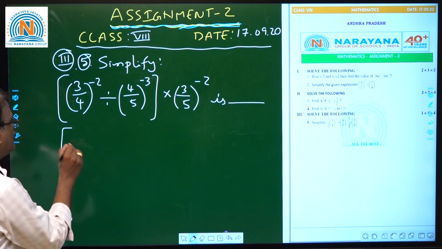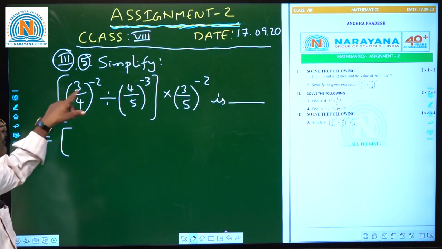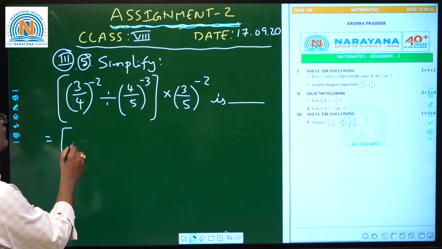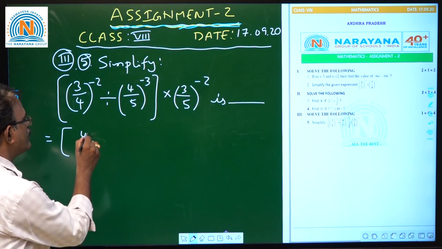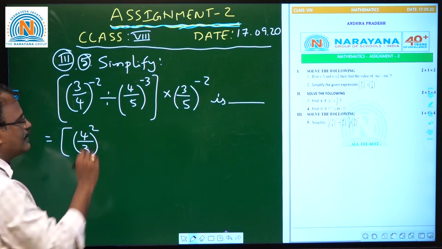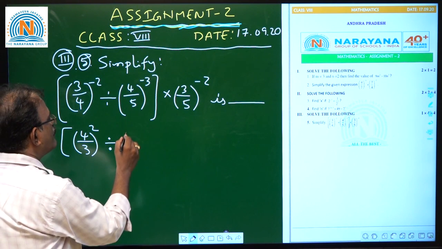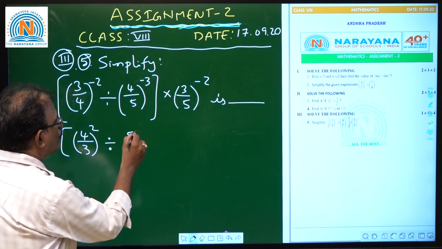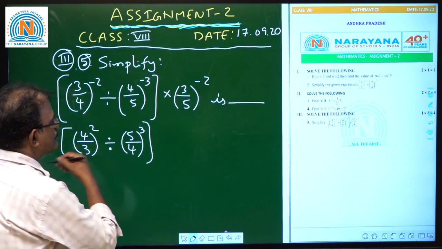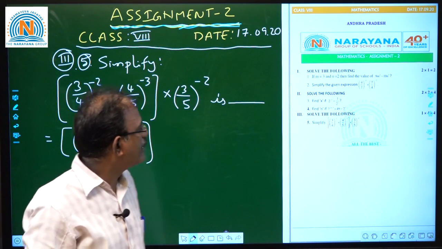So first of all, when the fraction is reciprocal, the sign of the power will be changed. So 3/4 will be changed as 4/3, then minus 2 becomes plus 2, divided by. Now 4/5 can be changed as 5/4, then minus will change as plus. Okay.